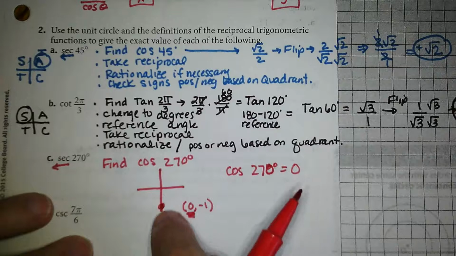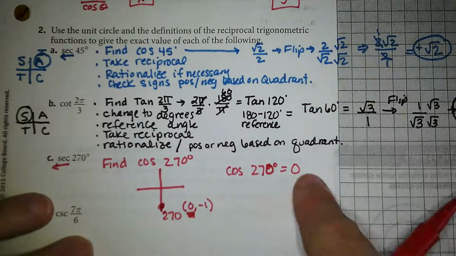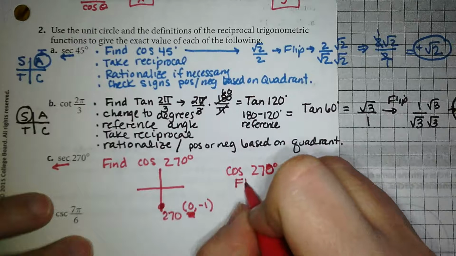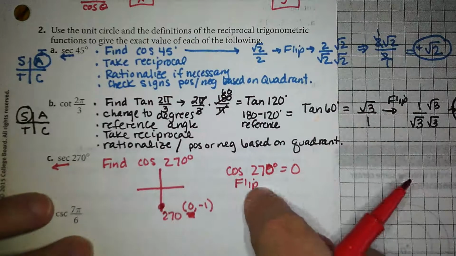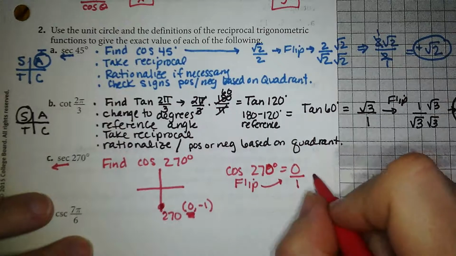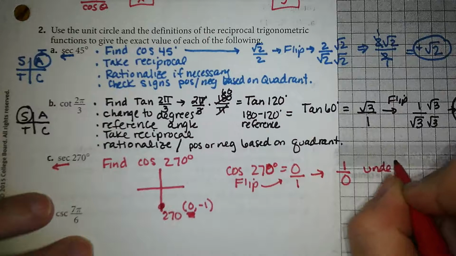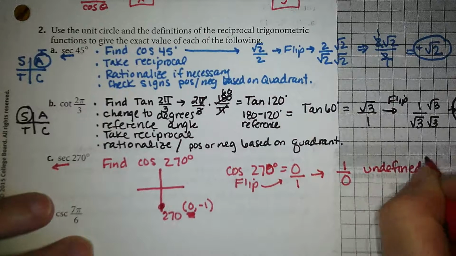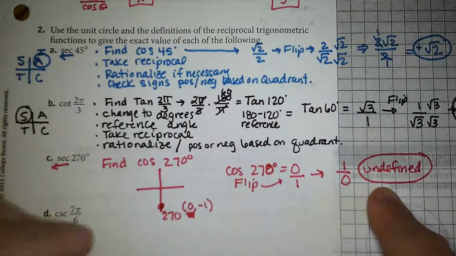So remember, 270 is a quadrantal, so we look for the cosine, which is the x value, that's this. But then you have to flip it because we're looking for the reciprocal. We're looking for secant. So when I flip this, I'm going to get 1 over 0, which is undefined. So the answer to my question, what's the secant of 270, is undefined.